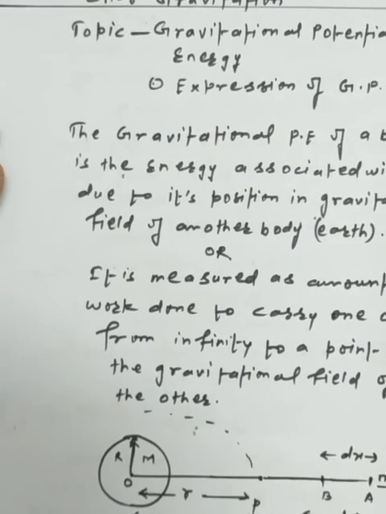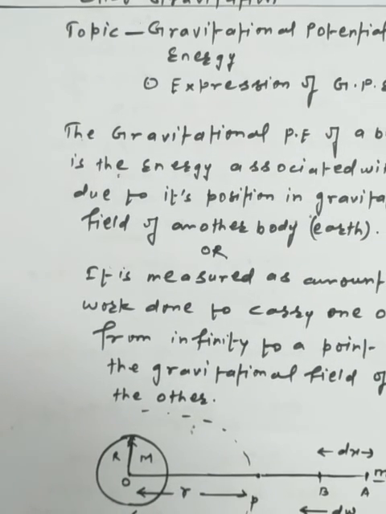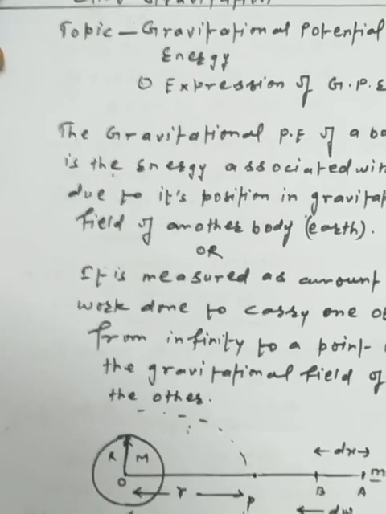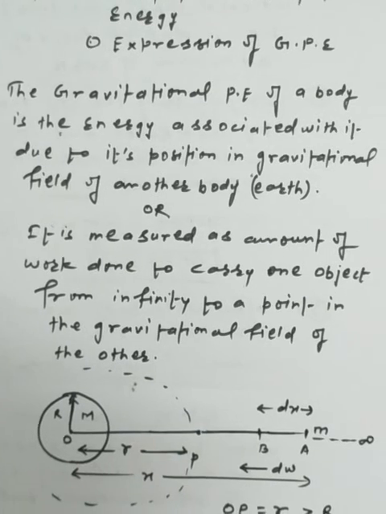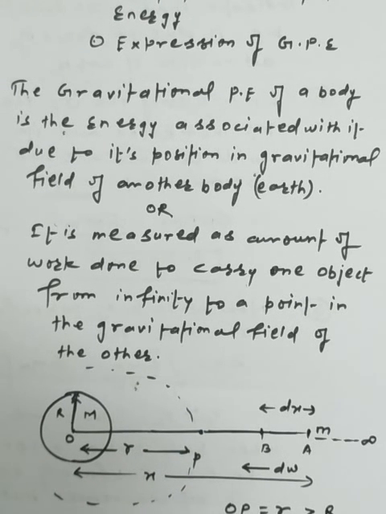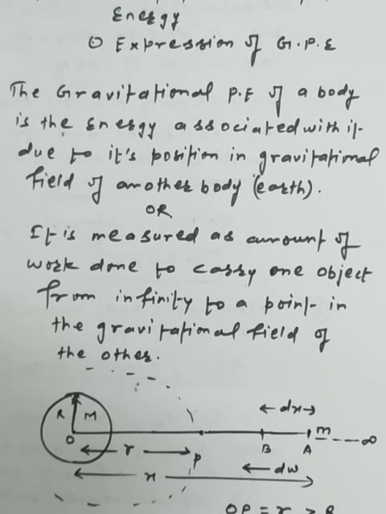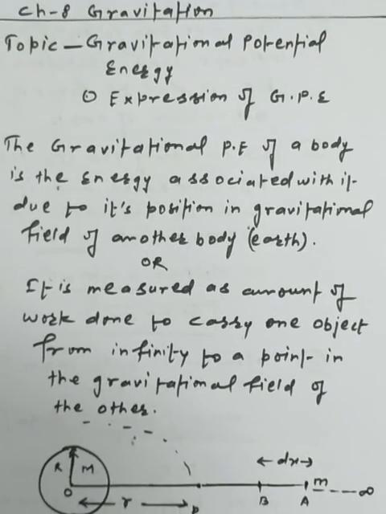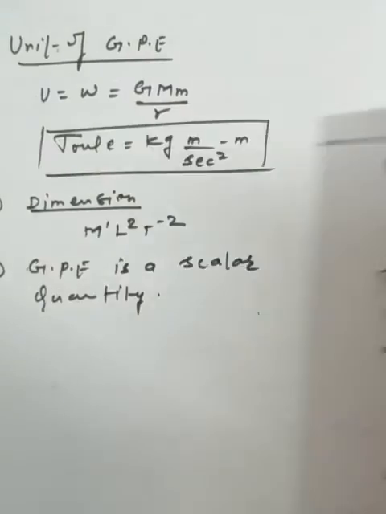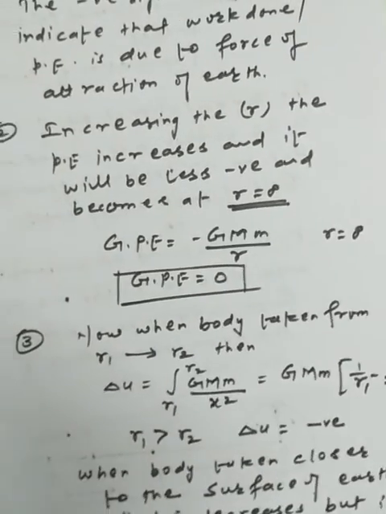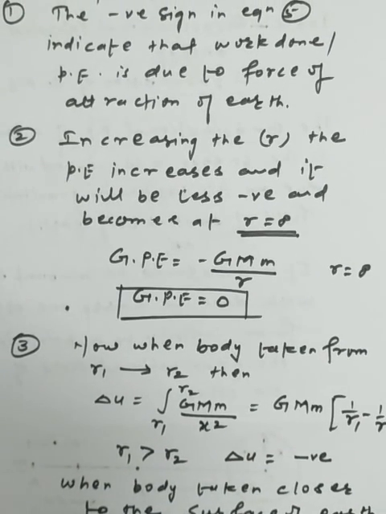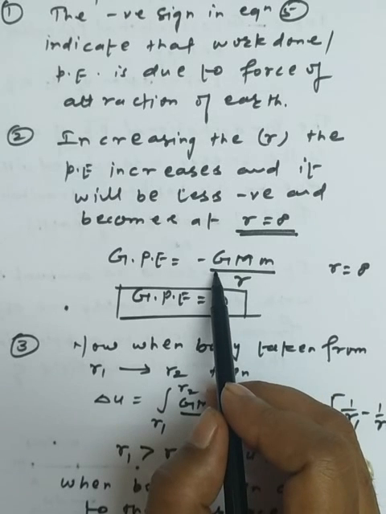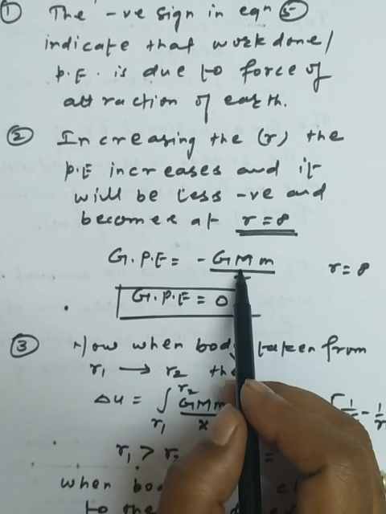Simply, the amount of work done to carry an object from one place to another inside the gravitational field is associated with this body as gravitational potential energy. In other words, the energy associated with a body due to its position inside the gravitational field is called the gravitational potential energy. We have discussed the basic formula, where capital G is the gravitational constant and capital M is the mass of the earth.